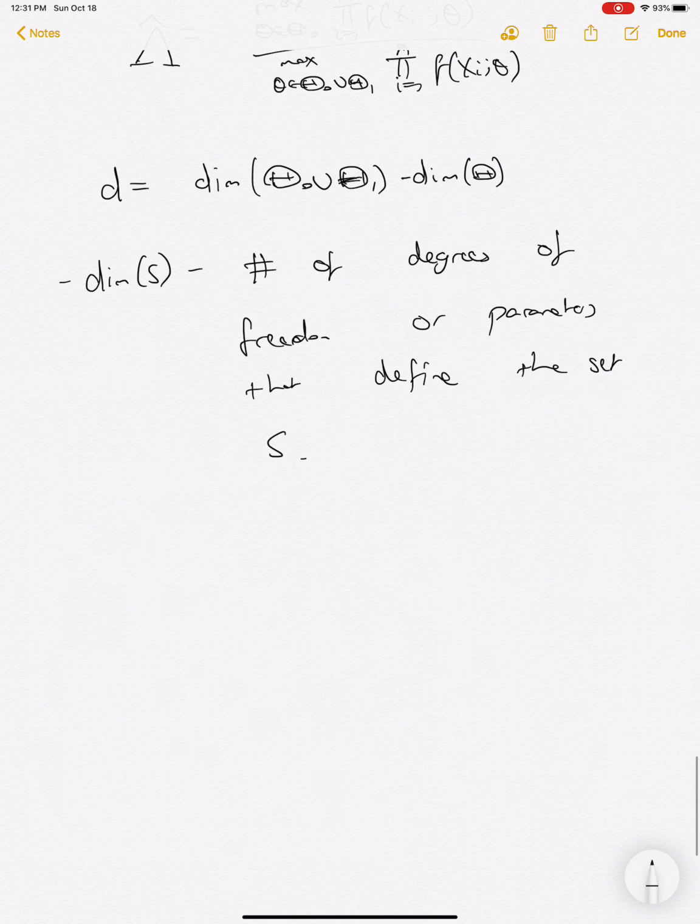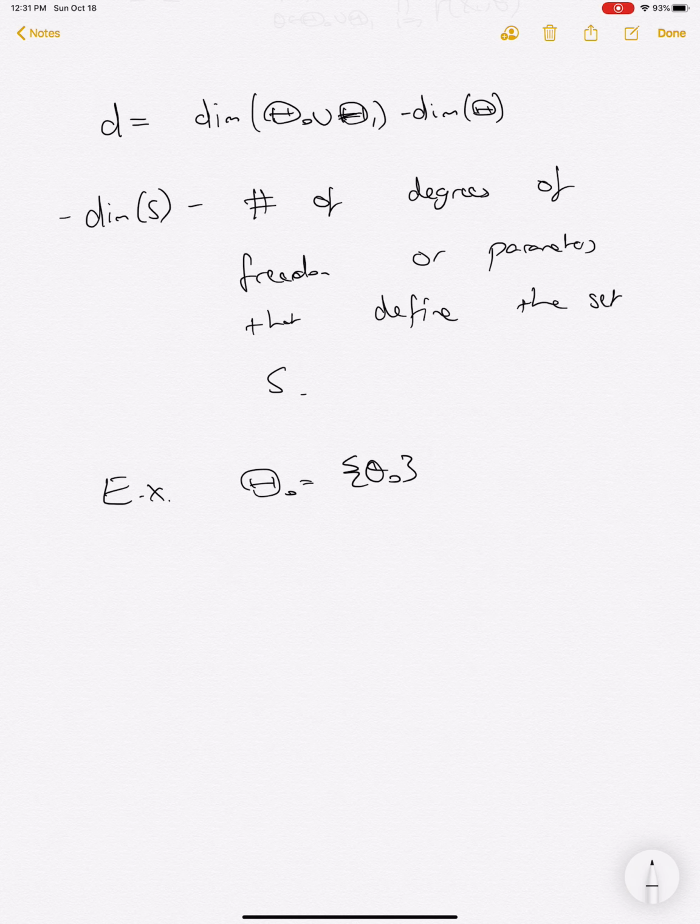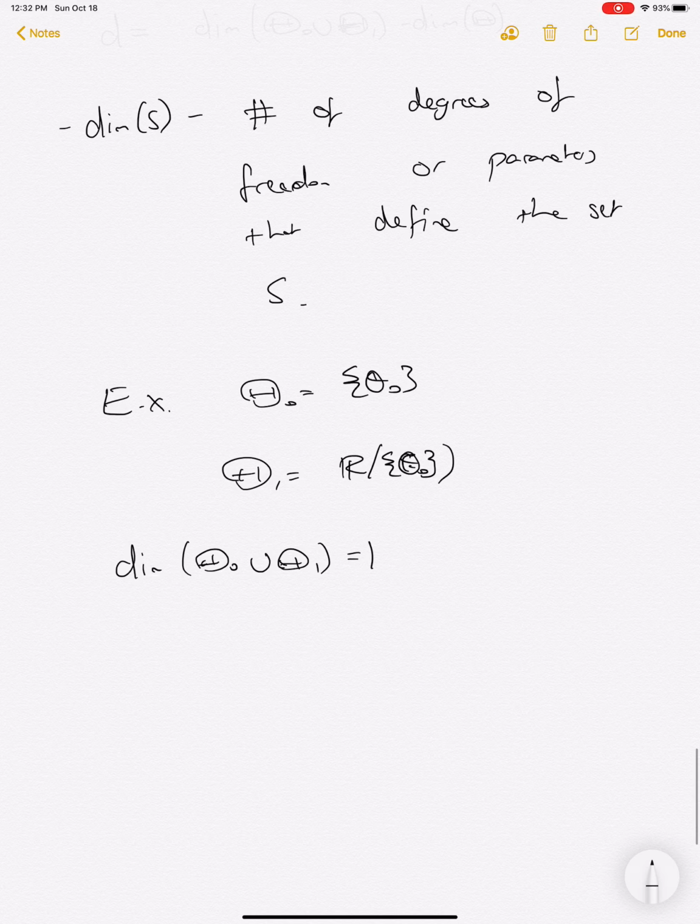S. So for example, like the examples we've seen so far, if your big theta 0 is just 1 point, and then your theta 1 is the real line except for 1 point, then the dimension of the union of these two is just equal to 1, because this is just the real line.